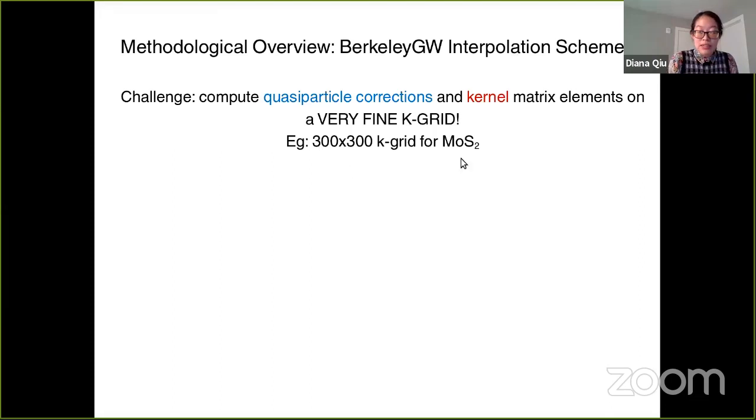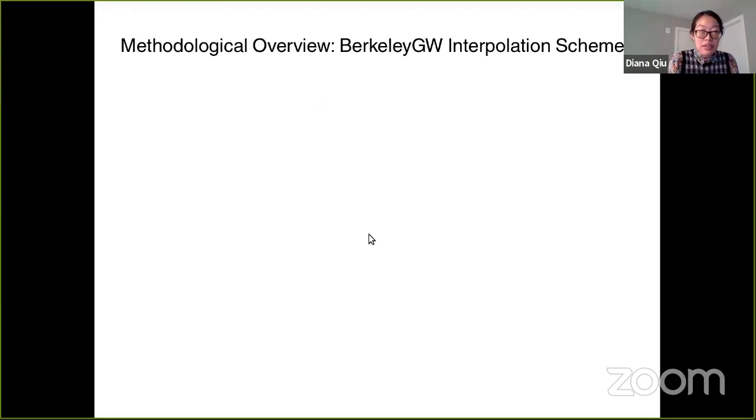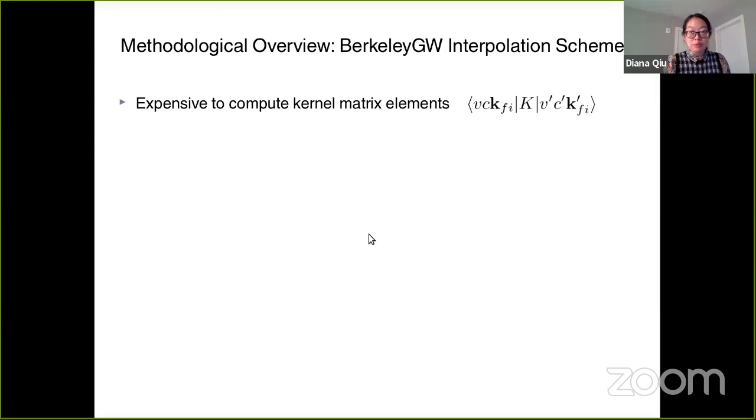So if you want to calculate this BSE matrix on this very fine grid, it quickly becomes quite computationally challenging, because it's expensive to calculate the matrix elements of this interaction kernel on this very fine grid.